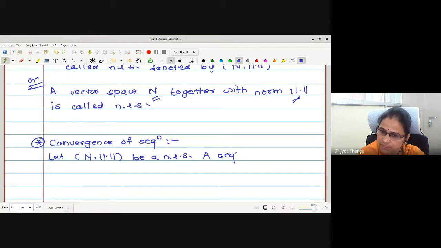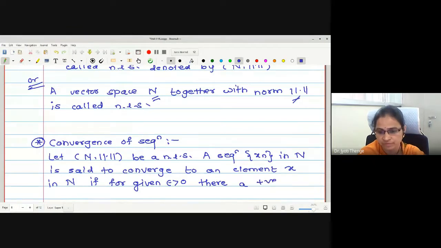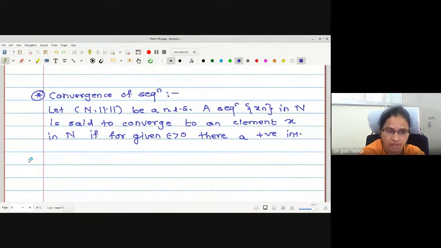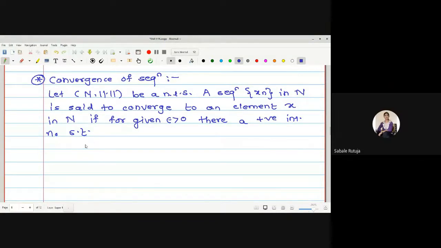A sequence xn in N is said to converge to an element x in N if, for given epsilon greater than 0, there exists a positive integer n naught such that, as in the definition in real Euclidean space, mod xn minus x less than epsilon.